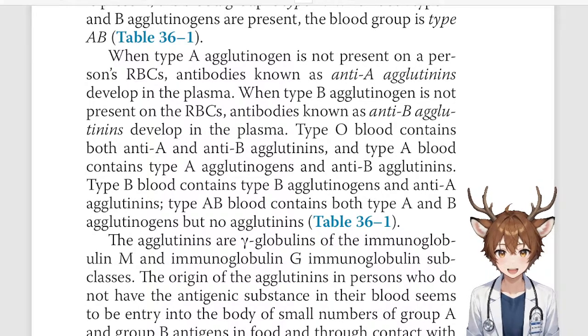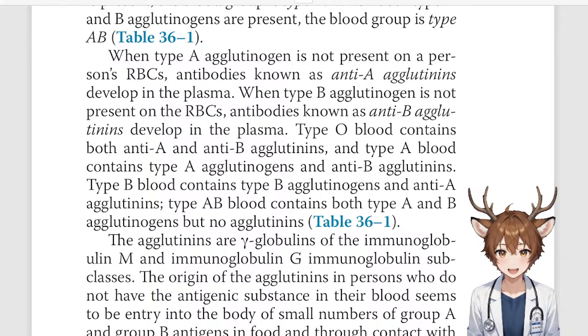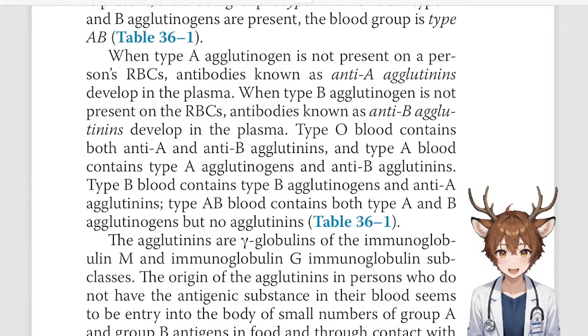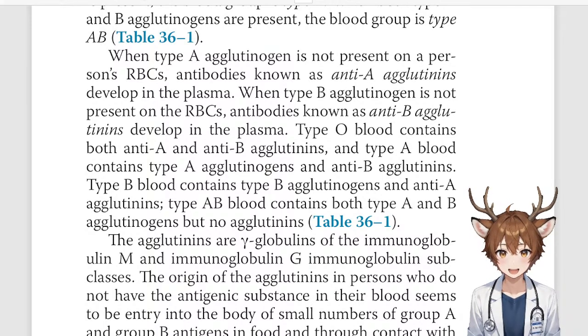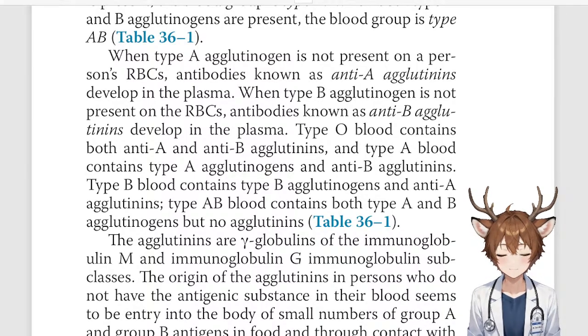Type O blood contains both anti-A and anti-B agglutinins, and type A blood contains type A agglutinogens and anti-B agglutinins. Type B blood contains type B agglutinogens and anti-A agglutinins. Type AB blood contains both type A and type B agglutinogens, but no agglutinins.